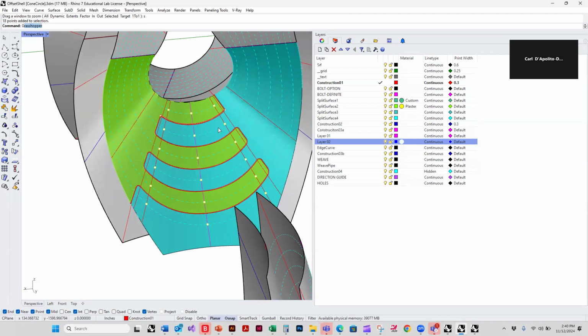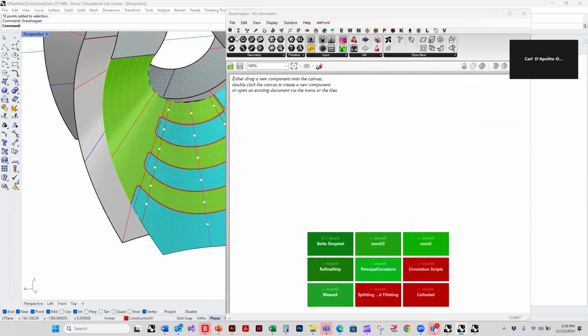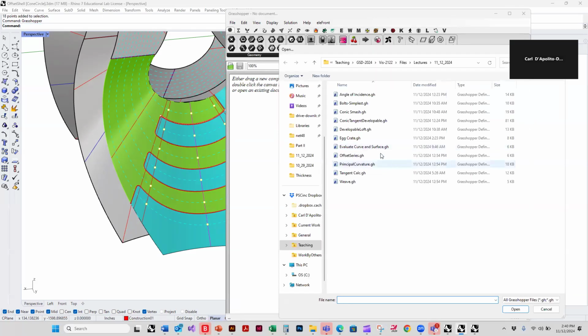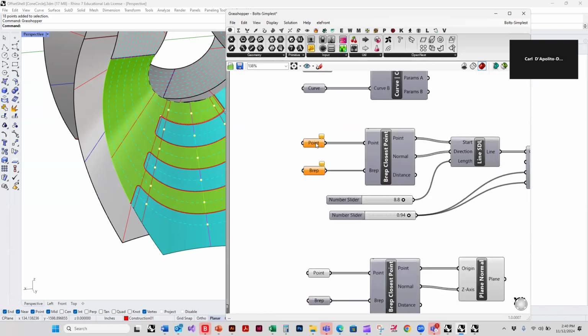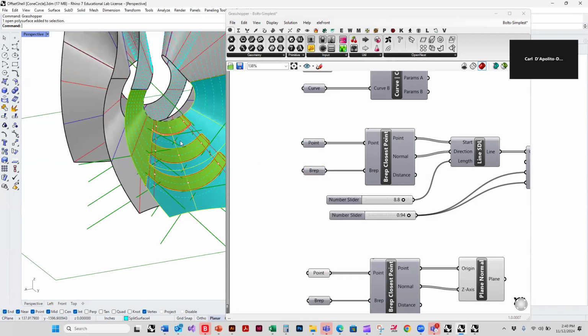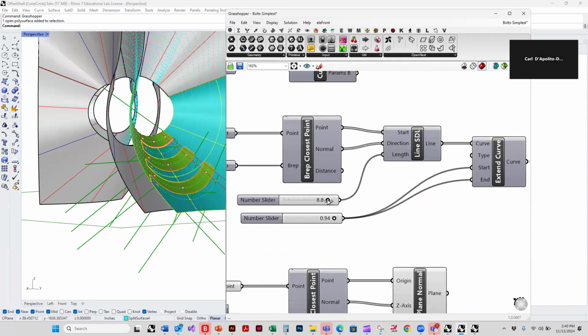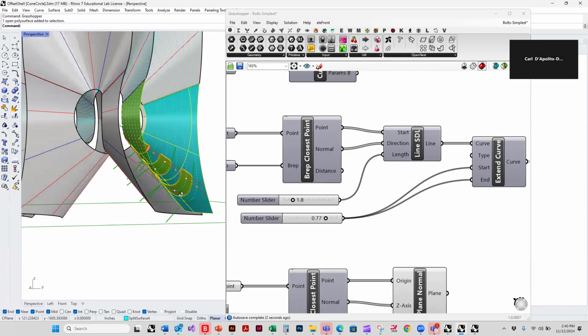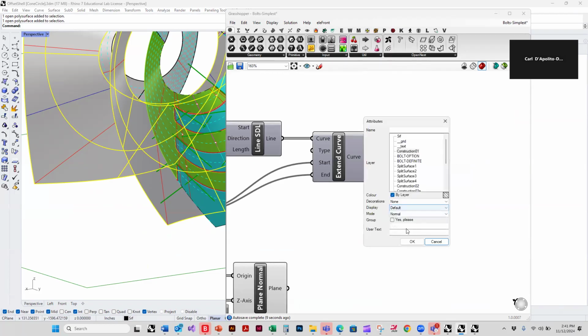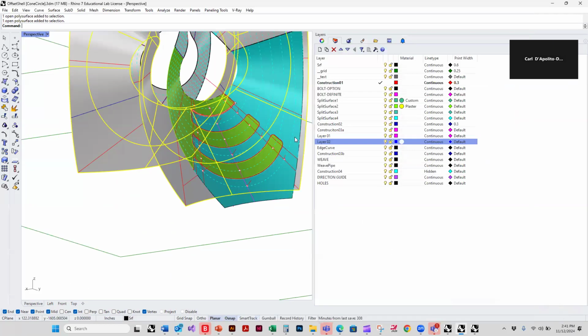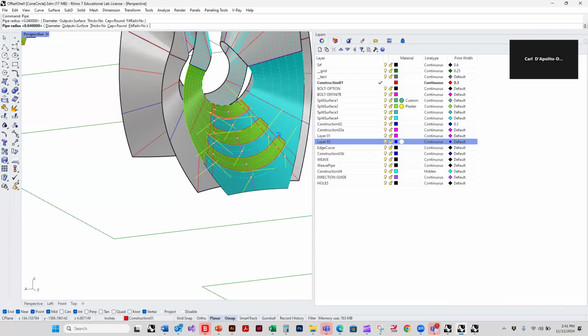Went into my Grasshopper, opened up the bolts, simplest thing here, and put the points in here, put the Brep in here, and made very long bolts and extended them, and that'll also tell me where they're going to hit the other surface. So I can go over here, take those, and pipe those with the radius of my bolts.